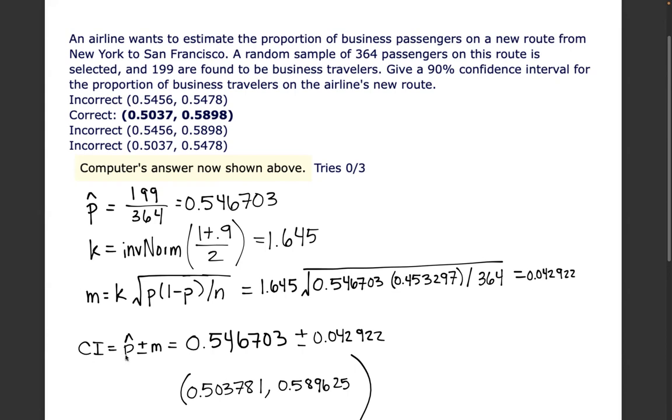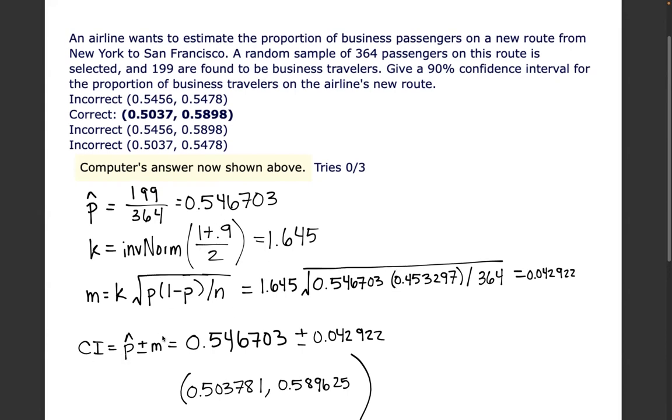Now we can calculate the confidence interval: P hat plus and minus M. When we subtract, we get 0.5037, and when we add, we get 0.589625, which my calculator rounds a little differently. So this is closest to the correct answer.